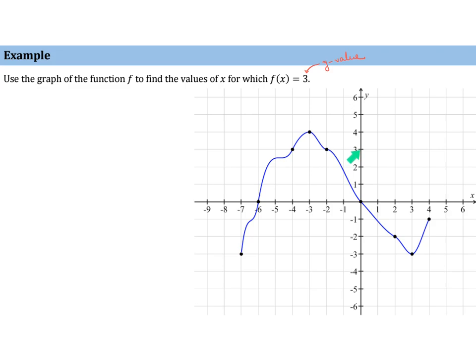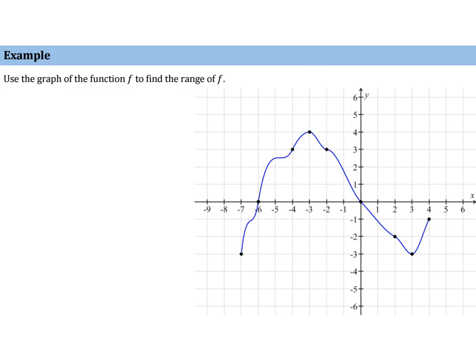What x values got us there? We got there from this point and from this point. So the x value of -4 got us to 3, and the x value of -2 got us to 3. So x equals -4 and -2 are the values that yield 3 as output.